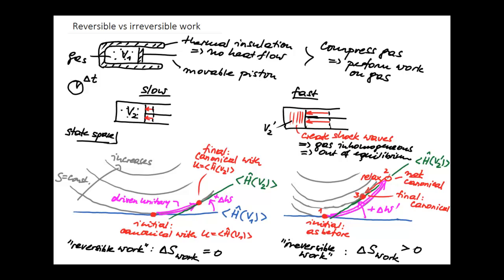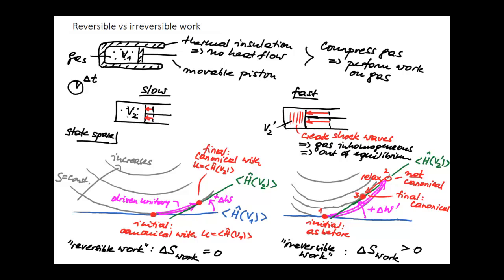If the work and the variation of the control parameter is done on a time scale much longer than this relaxation time scale of the system, then to a very good approximation you can assume that at all times during the process the system is in equilibrium, and you can assume that work is done reversibly. And that's what we are going to assume when we look at typical thermodynamic processes.